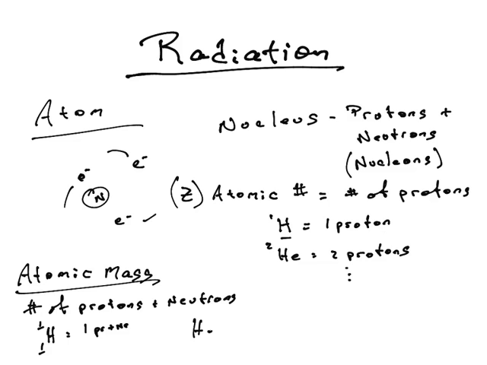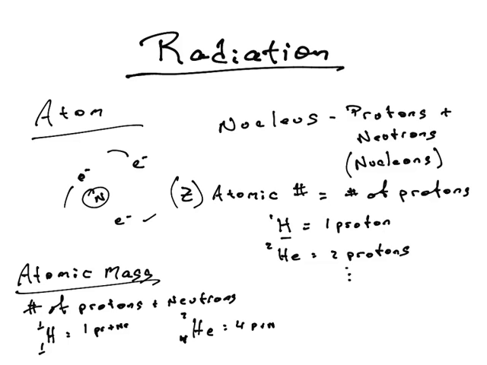Helium, we know it's got 4, let's say, protons plus neutrons. If 2 of them are protons, then you know it's also got 2 neutrons. That's atomic mass: atomic number is the number of protons, atomic mass is the number of protons plus neutrons together.